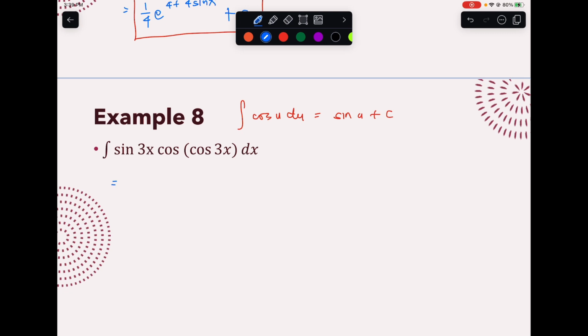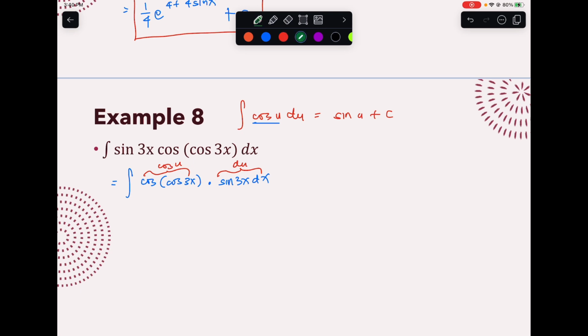In this case, I can change this one into this one: cosine of cosine 3x, where cosine 3x here is the angle of cosine, multiplied with sine 3x dx. So this is the same as cosine u du. This would serve as our cosine u, and this serves as our du.